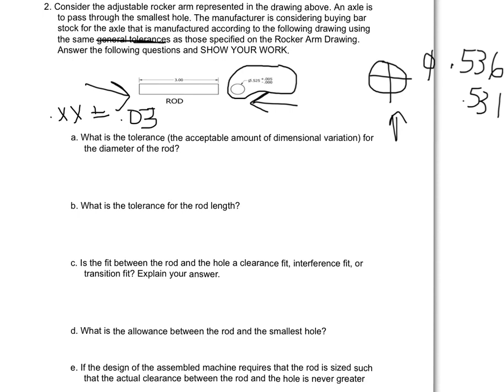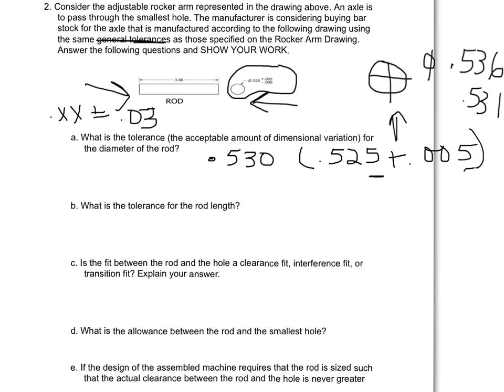Okay, that 5 adds to the other 5 at the end of 0.525, and I am getting a widest diameter of 0.530. Again, I got that by saying 0.525 plus 0.005. These 5s were in the same spot. They add up. The 2 becomes a 3, and that's the largest diameter.